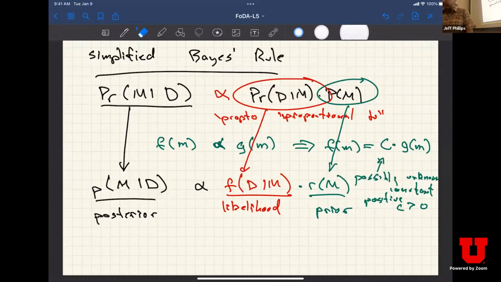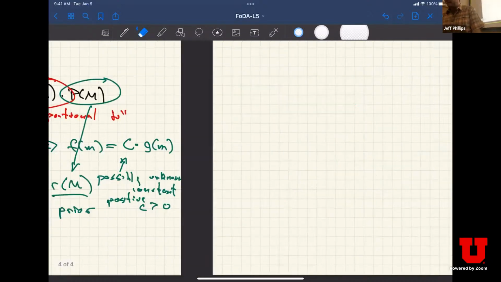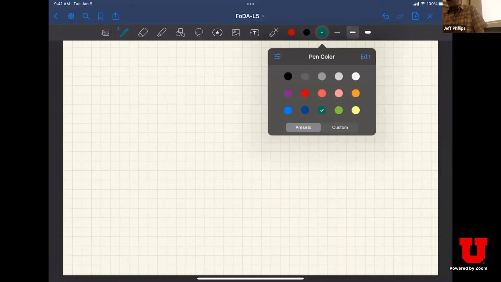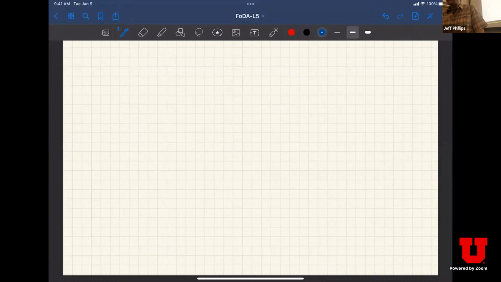Right. So, okay, let's go through a little example here. Let's say I have a random variable h that I want to estimate.